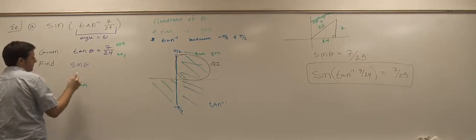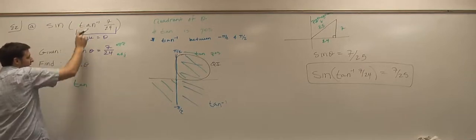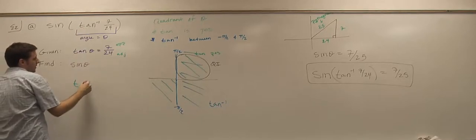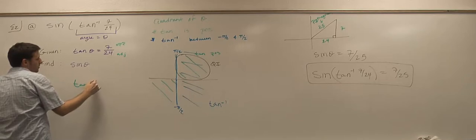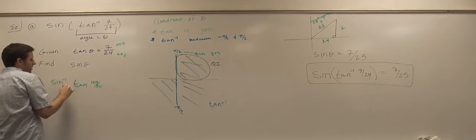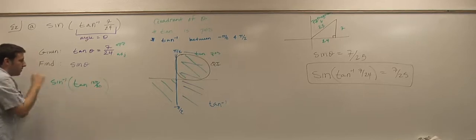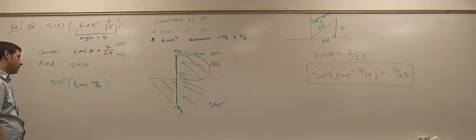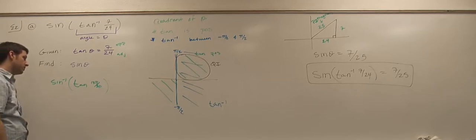Tan of some, okay, so if tan's not inverse, then this thing in here is an angle. Whatever you want to make it, 18 pi over 30. And then you would have to put your inverse out here. Should I not worry about it?